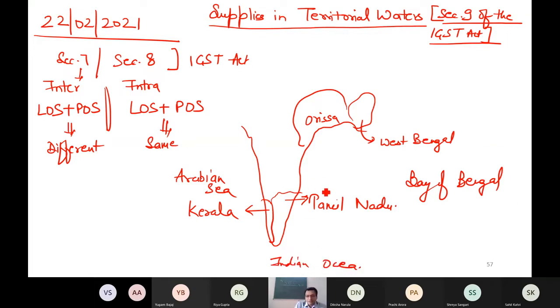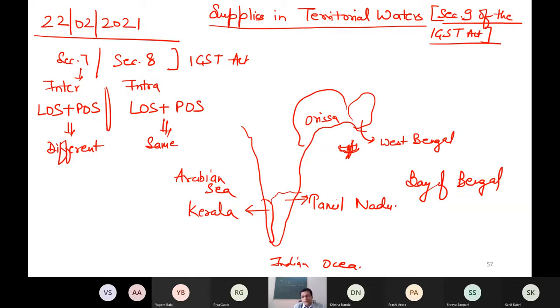Now, what happens if the supply is happening from this area? For example, a ship is there. This is the ship, and these are some goods. And supply happens when the goods are on the ship.